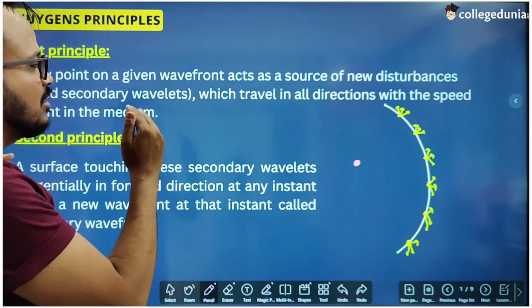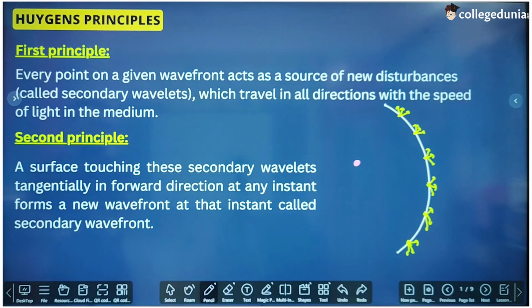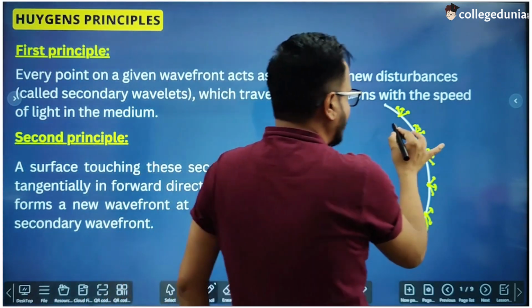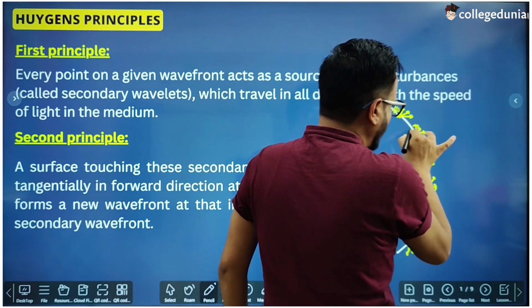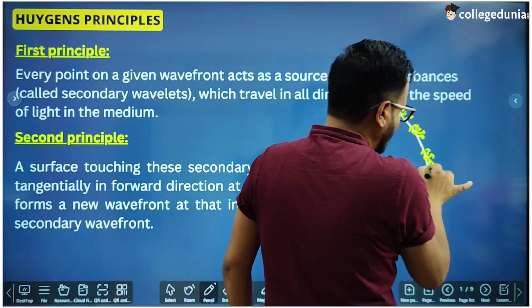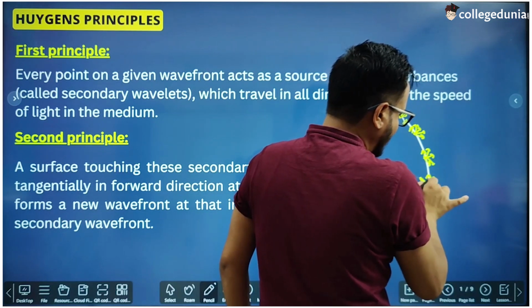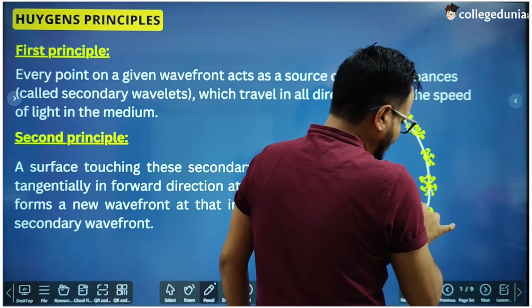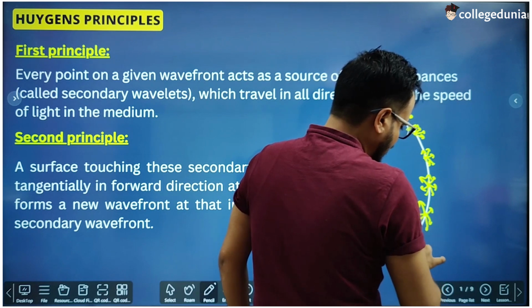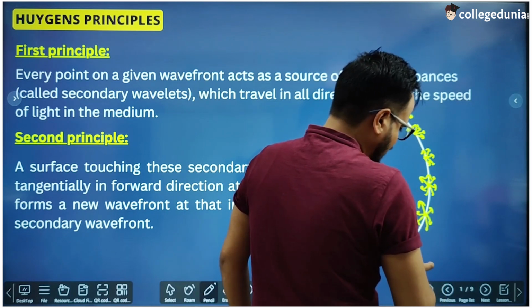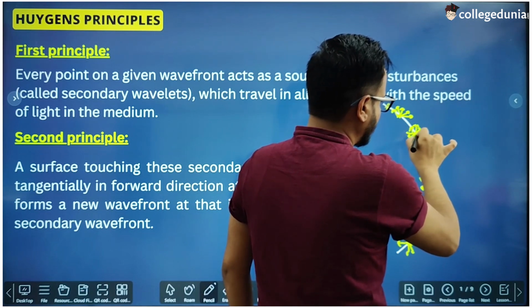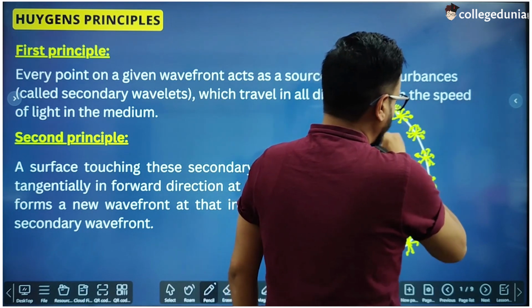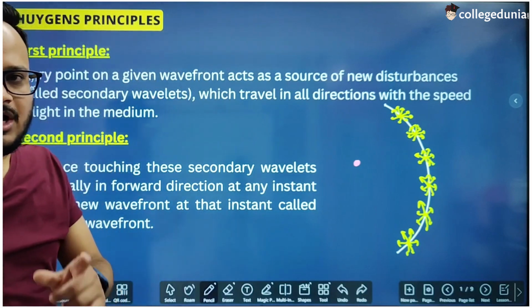So every point on a given wavefront acts as a source of small disturbances which are called secondary wavelets, which travel in all directions with the speed of light.